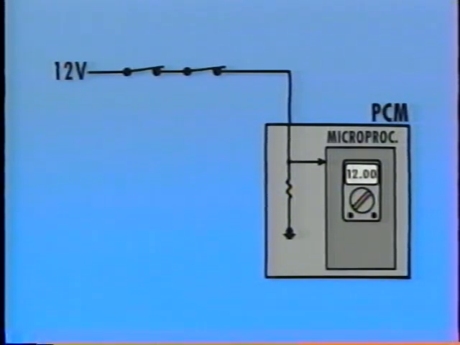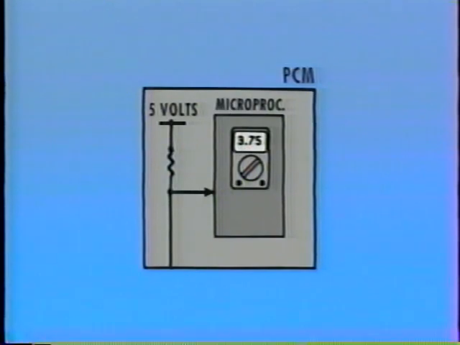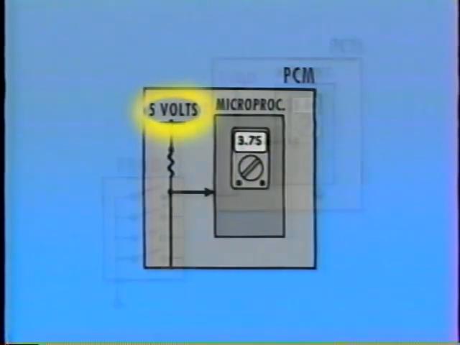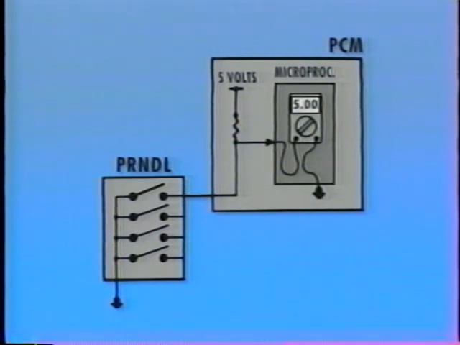In the circuit we've been examining, the PCM supplies ground for measuring the input voltage. For many other sensors, the PCM provides a reference voltage instead of ground. The transaxle position, or Prindle switch, is one such sensor. Here, the PCM supplies 5 volts to the circuit.